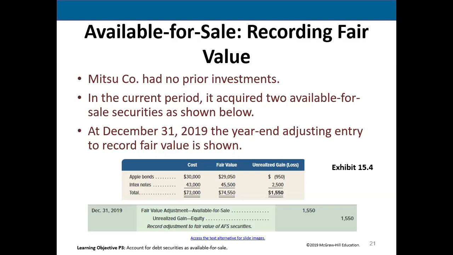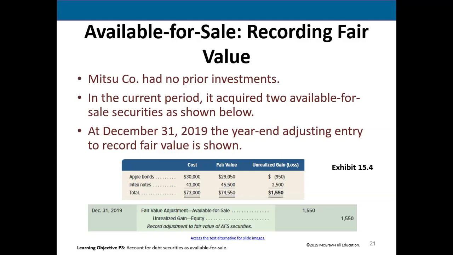So we look at the fair value of each, but we add them together. So Apple bonds, this would need to be given to us. We're trading at $29,050 at the end of the year. Intex notes, if we wanted to buy that on December 31st, would have been $45,500.